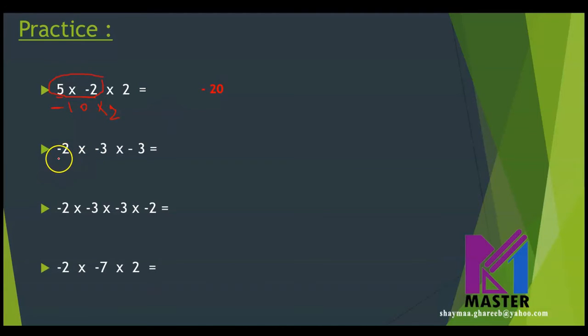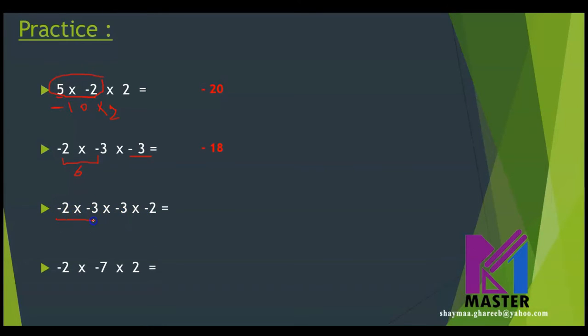Second one, I have a negative number multiplied by negative multiplied by negative. So negative 2 multiplied by negative 3 together gives 6, because negative times negative gives positive. Then the 6 multiplied by negative 3, so the answer will be negative 18. Now let's see the next example. I have 4 negative numbers multiplied by each other.